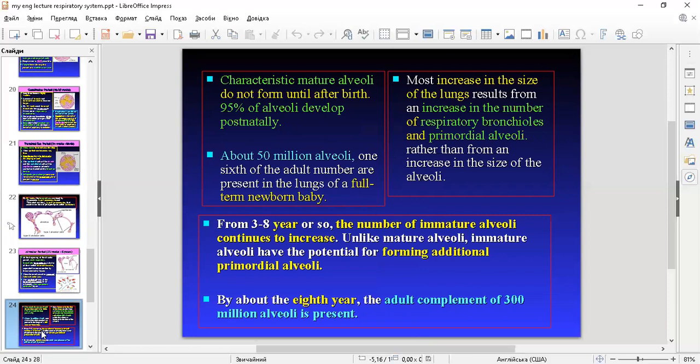Characteristic mature alveoli do not form until after birth. 95% of alveoli develop postnatally. About 50 million alveoli, 1/6 of the adult number, are present in the lungs of a full-term newborn baby.